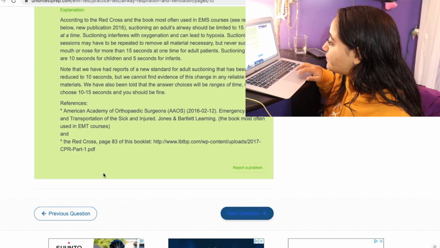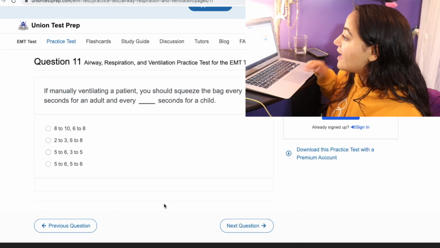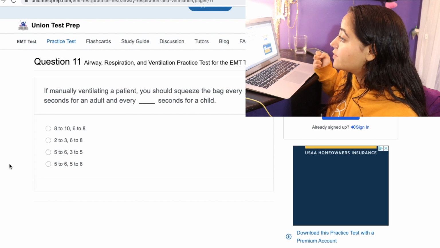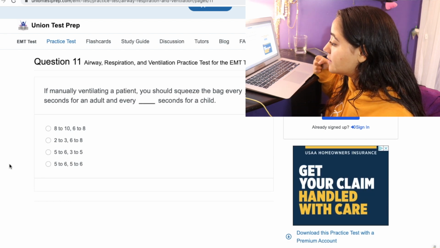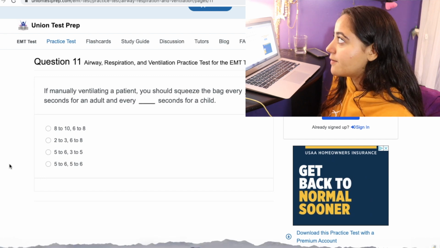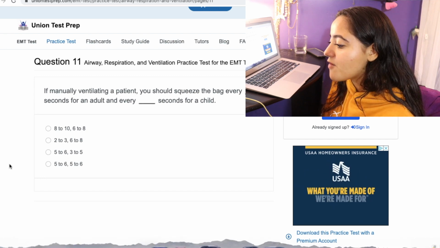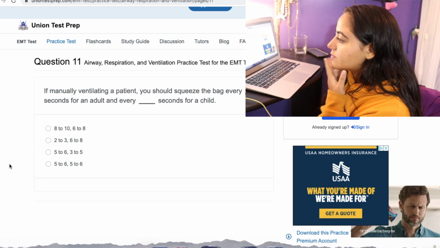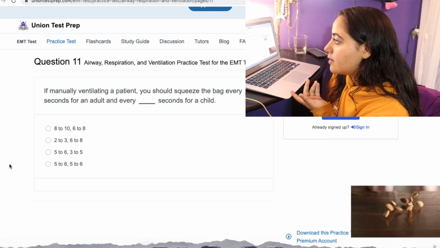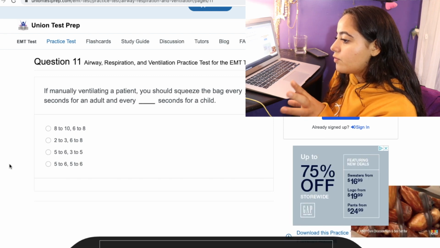Cool. Alright, if manually ventilating a patient, you should squeeze the bag every blank seconds for an adult and every blank seconds for a child. I can't remember this one. Like we said, the notes.